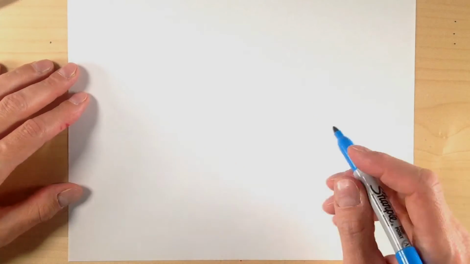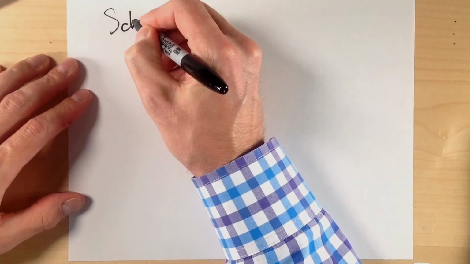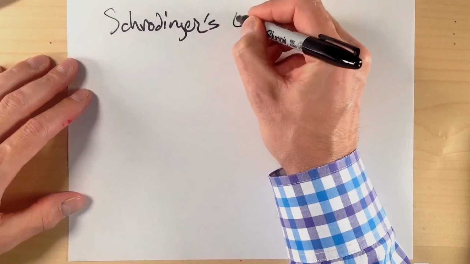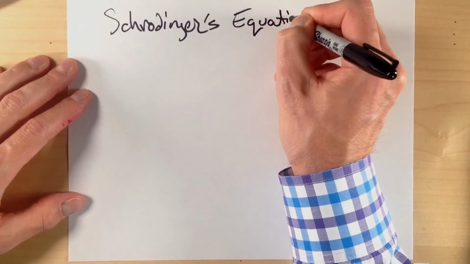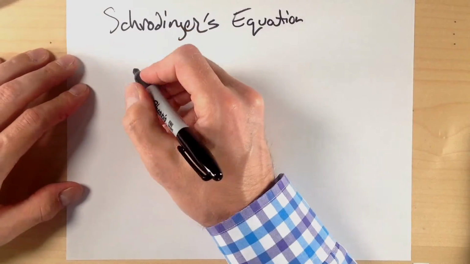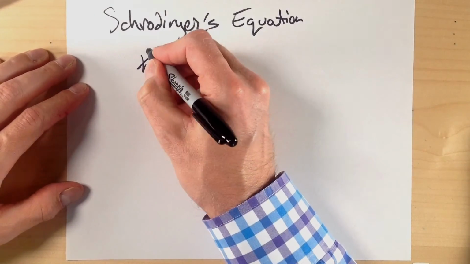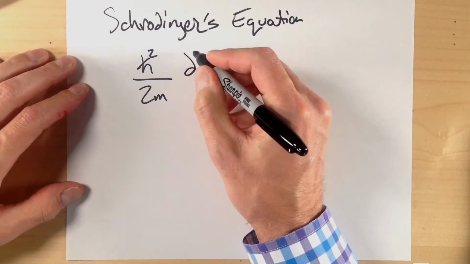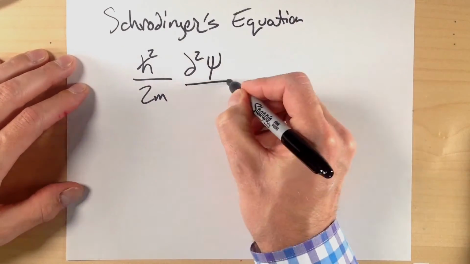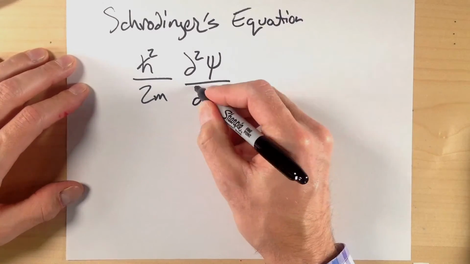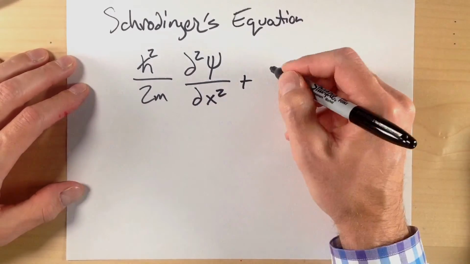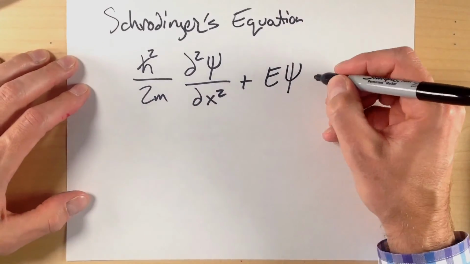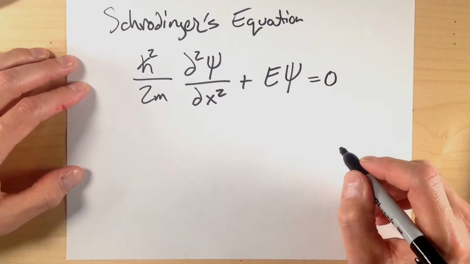Now, Schrödinger's equation is this: h bar squared over 2 times the mass times the second derivative of the wave function with respect to x plus the energy of the particle times the wave function must equal 0.